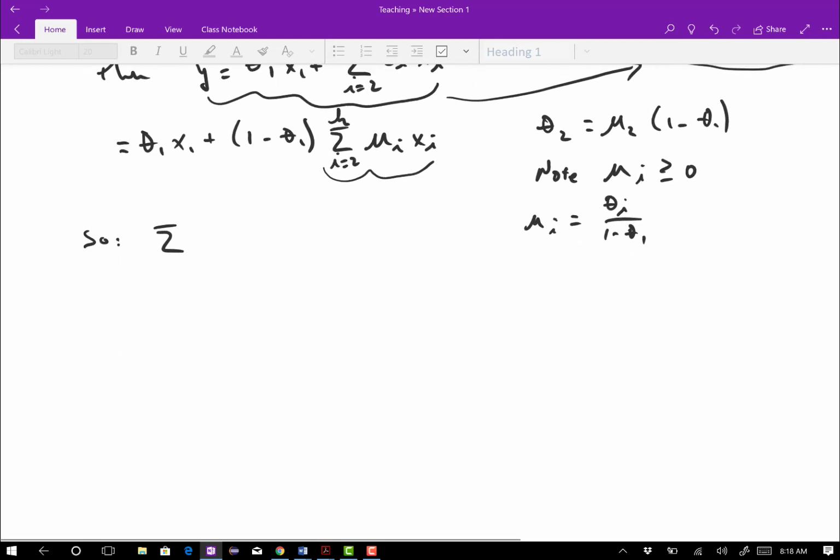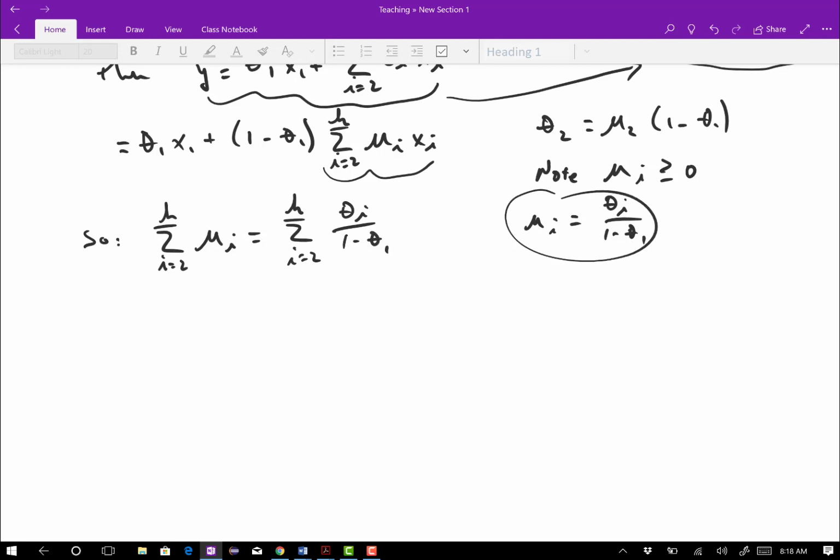So let's work on that sum. So now we can say the sum of i ranging from 2 to k of mu i is equal to the sum of i ranging from 2 to k of theta i over 1 minus theta 1. That's just using this definition inside the sum.